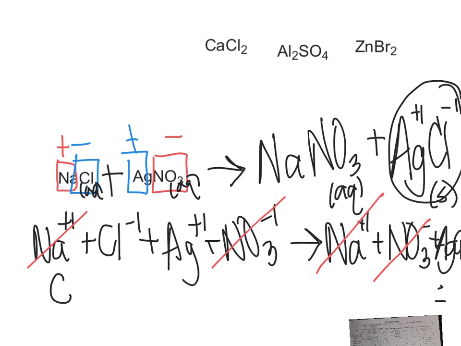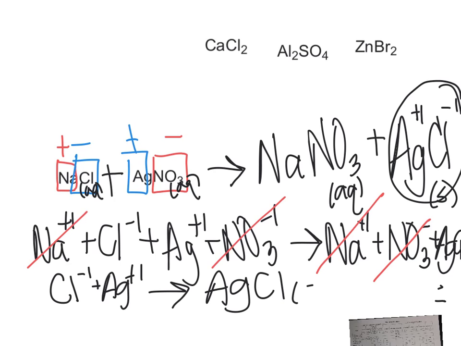So I'm going to go Cl minus 1 plus Ag plus 1, and you can flip-flop those and start with your silver. And then we've got our precipitate, AgCl, and he's a solid. These guys are aqueous on this side.